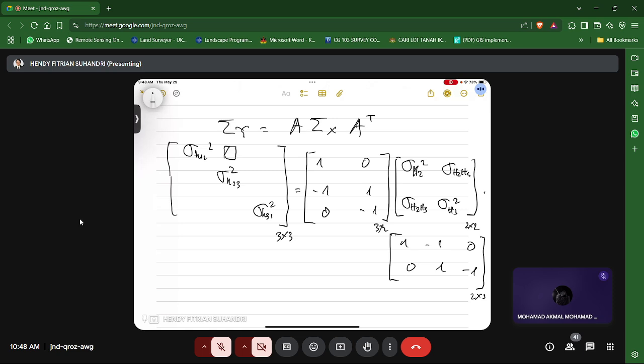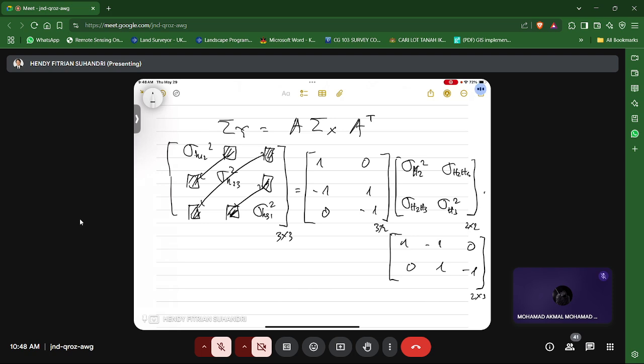Of course, you have a covariance component here, which must be identical to each other. So this is the way you know the variances or covariances of y.